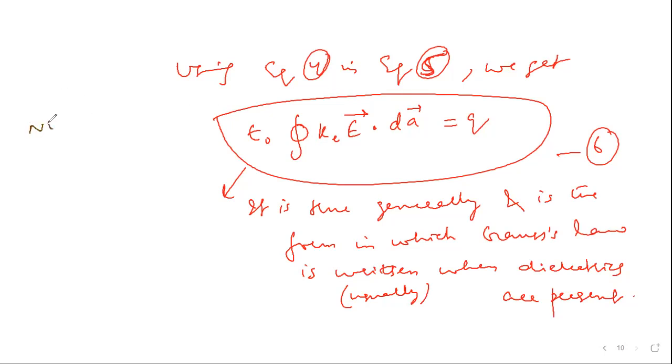We need to note in equation 6, first thing, the flux integral now deals with Ke E instead of E. You have here Ke E instead of E. This is consistent with the reduction of electric field E in a dielectric by the factor Ke, right?